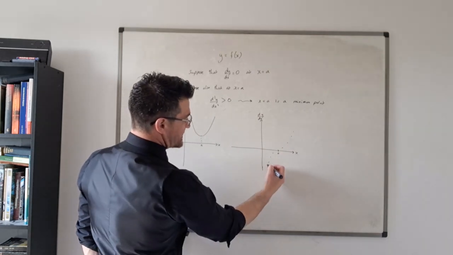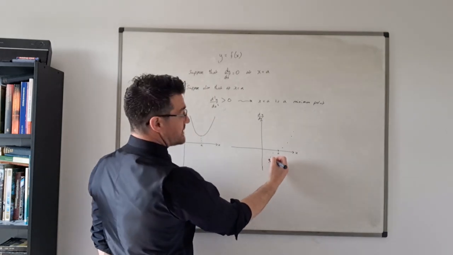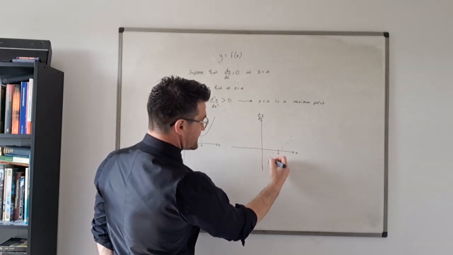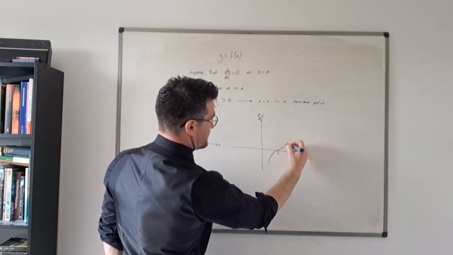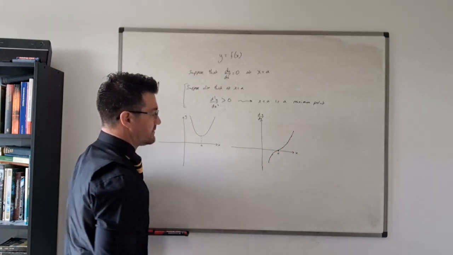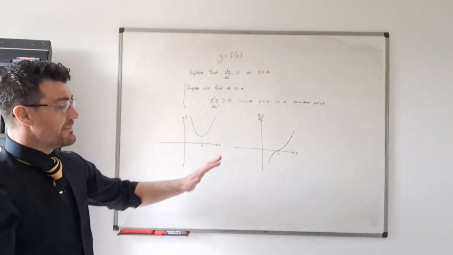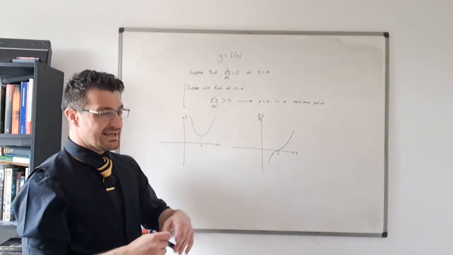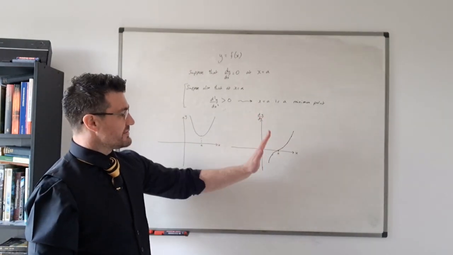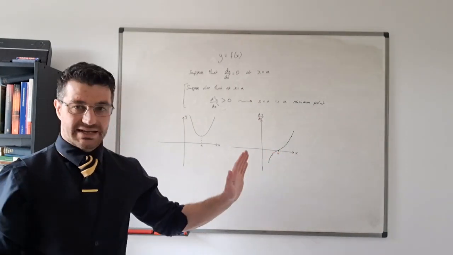Okay, so what does the graph of dy/dx look like? Well, it might, not forced to, look something like this. I've drawn it deliberately so that dy/dx doesn't have a point of inflection at a.